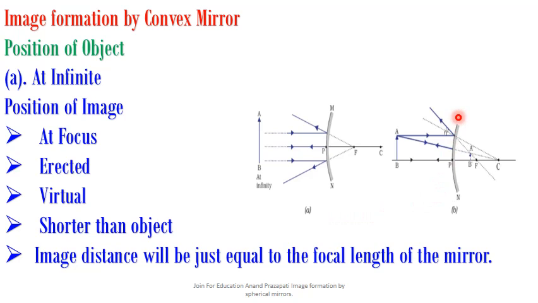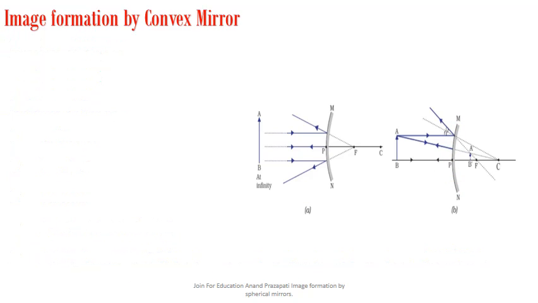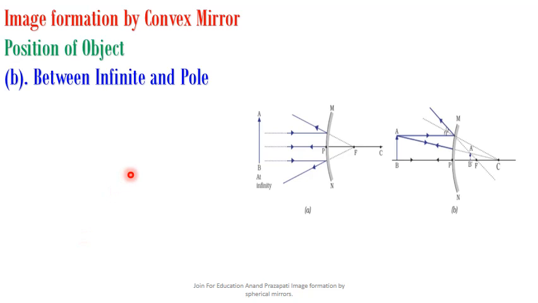Now we consider this figure. When the position of the object is between infinity and P, the image is formed between P and F. Nature of the image will be erect and virtual.